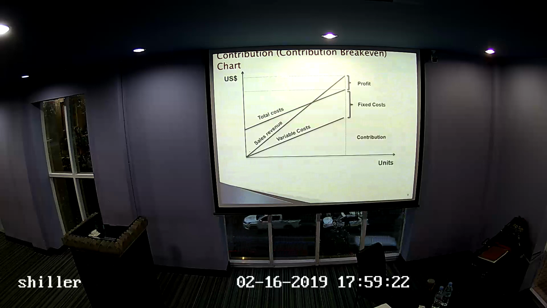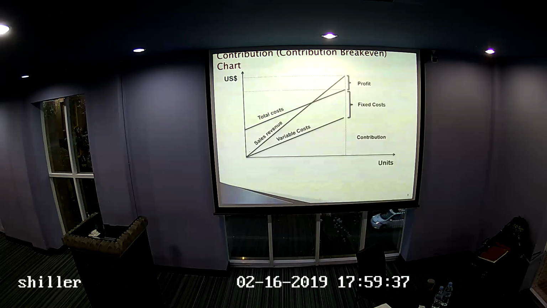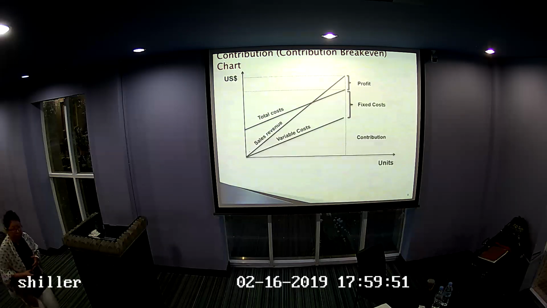Something is wrong with this chart. Can you tell me what it is? Because it's supposed to show me contribution, correct? That's why it's called contribution break-even. I can see the break-even, but I should see the contribution. Is this the contribution? Think.